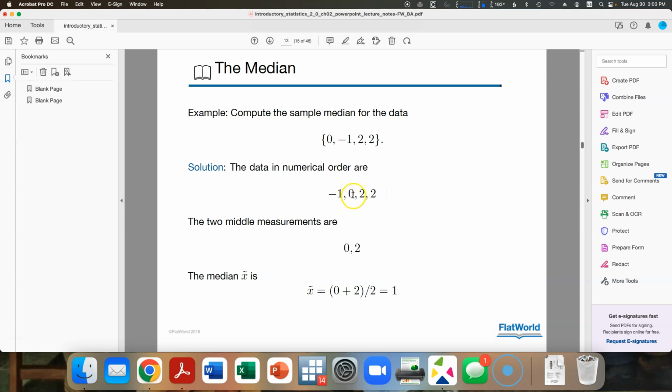The two middle pieces of data here would be 0 and 2. So we need to take the average of 0 and 2 and then divide it by 2. So 0 and 2 divided by 2 would be 1. So the median in this case would be 1.